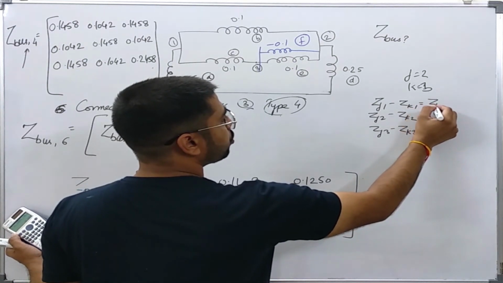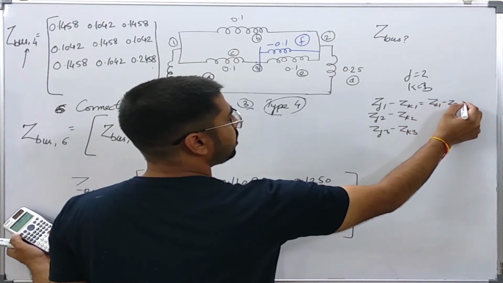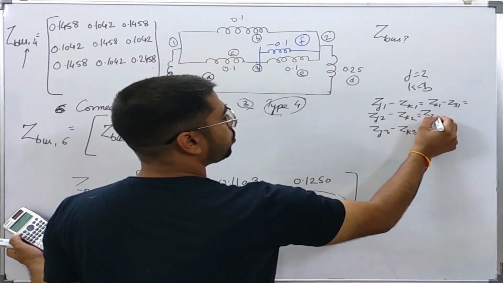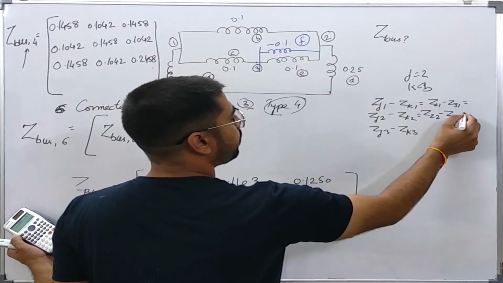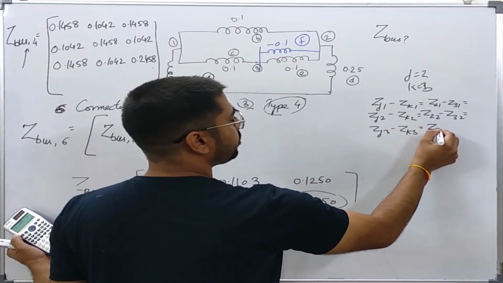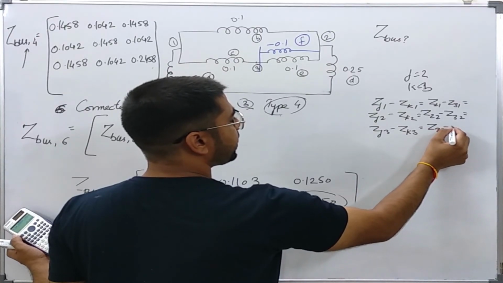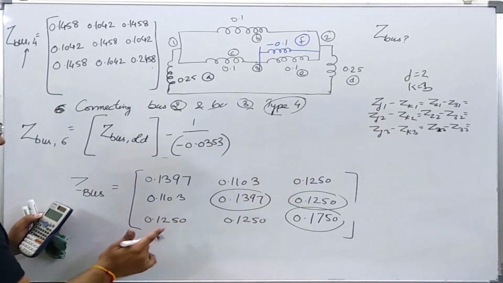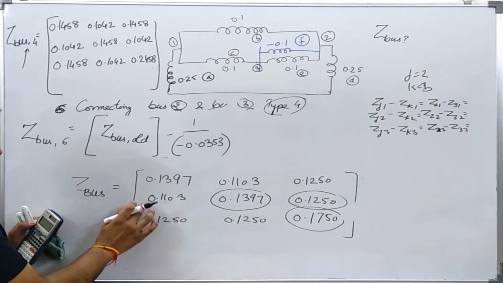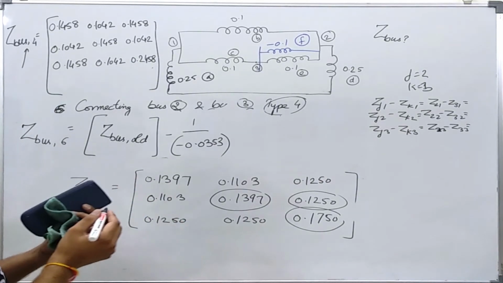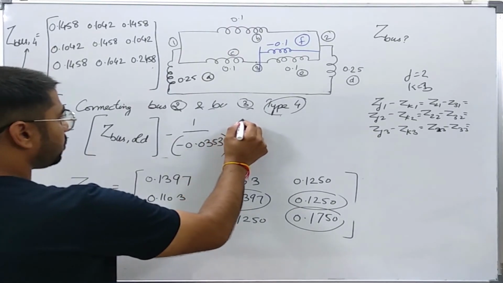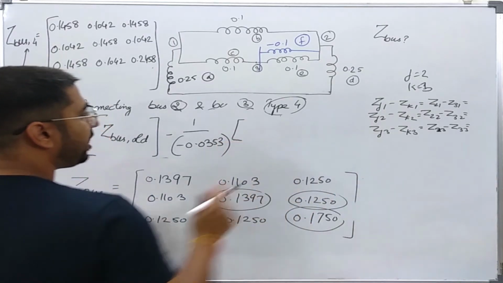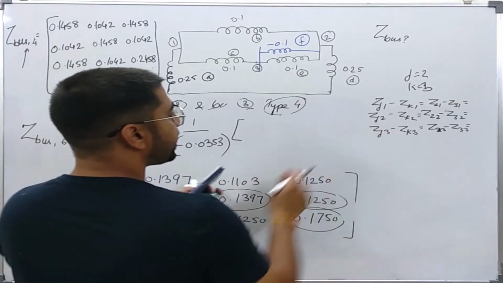That is Z21 minus Z31, Z22 minus Z32, Z23 minus Z33. So it is nothing but subtracting this row from this row. I will write the elements of matrix L here directly.